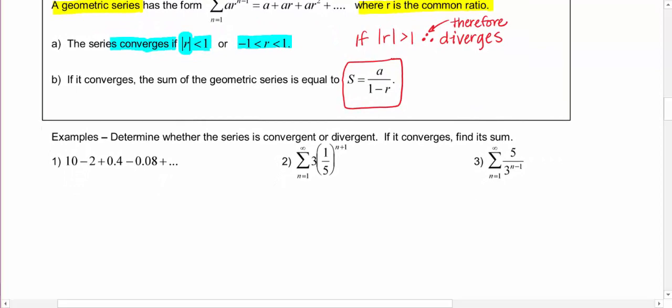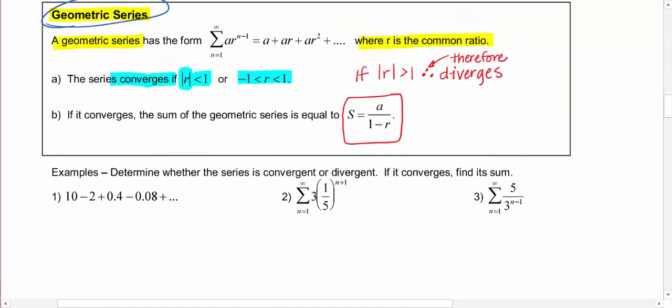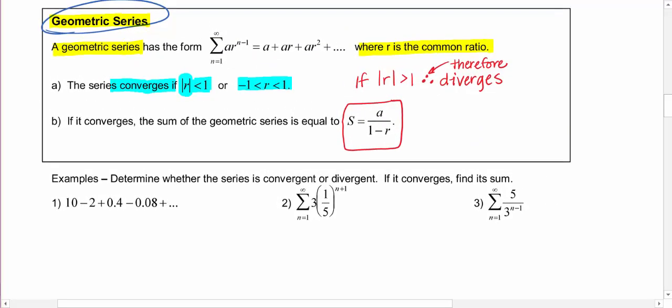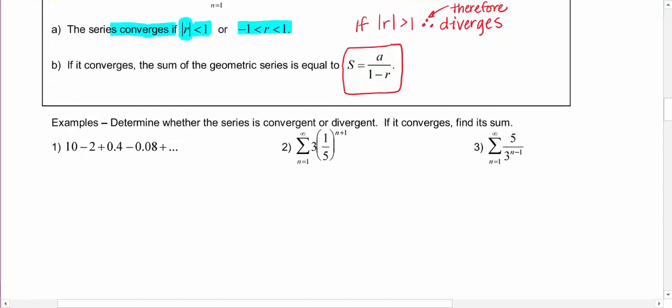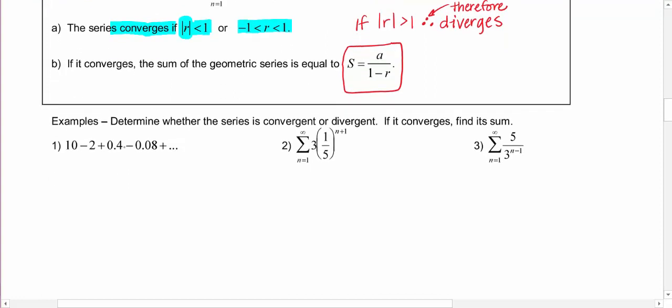We're going to determine whether the series is convergent or divergent, and then if it converges, we're going to find its sum. I wrote these, you'll notice, in 3 different ways. 2 of which are summation notation using the sigma, but 1 of which has the terms written out. I think it's more clear if the terms are written out, so even if they were not, I would go ahead and do so.